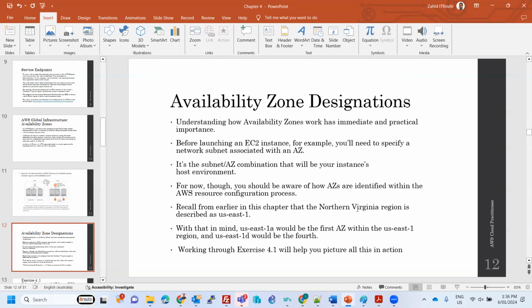So in this chapter you looked at the Northern Virginia region, described as US East 1. With that in mind, US East 1A would be the first AZ within the US East 1 region, and US East 1D would be the fourth. It's just like a location name, right?